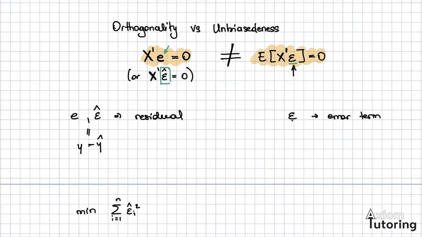And unfortunately, for us to make the claim that our beta hat is hitting, on average, so to speak, our true beta, we need to make sure that this unbiasedness is fulfilled, okay? And that will come if this condition is fulfilled. However, this is not guaranteed by the OLS.